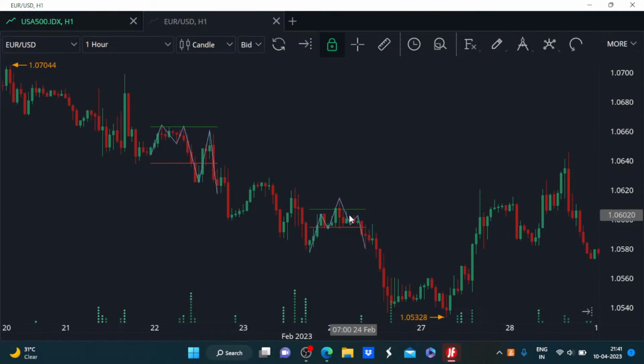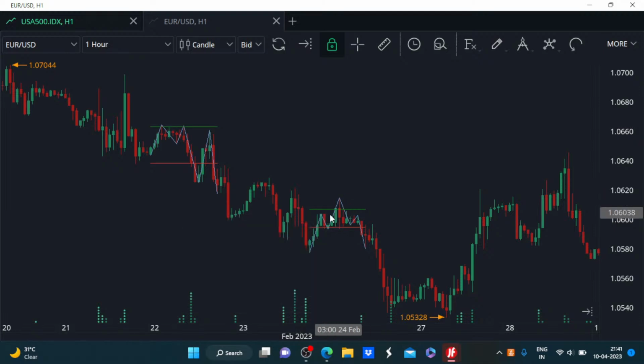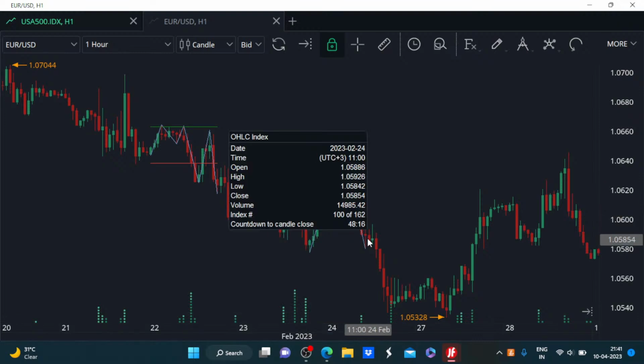Similarly, here also we got this triple top formation where the price found resistance closer to the 1.060 range, and thrice the price reversed from this area, and then on the breakout on the lower side we further saw consolidation for the next couple of hours.